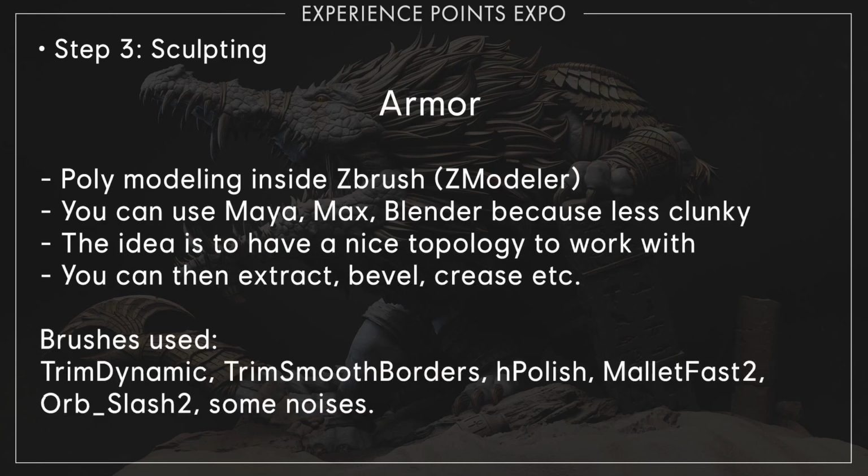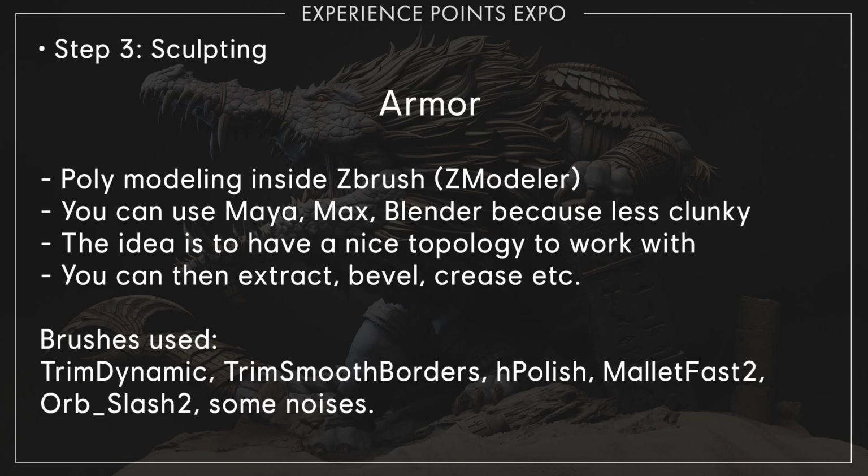For the armor, I used poly modeling directly inside ZBrush. I usually use ZModeler. I like how ZModeler works, you have all the options just at the tip of your stylus. Or sometimes when the shape is a bit complex, I like to go outside ZBrush in Maya, or you can do it in Blender or Max.